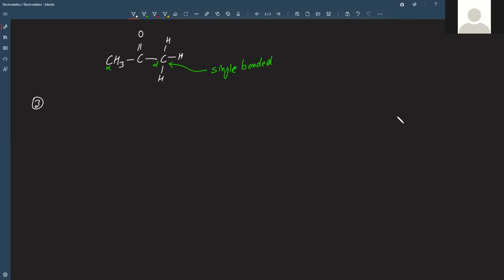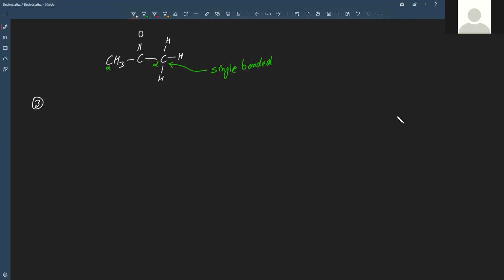Okay, so our third condition is: if the alpha position has a double bond, then next to next, that is not beta but gamma position or gamma hydrogen, must be considered for tautomerism.